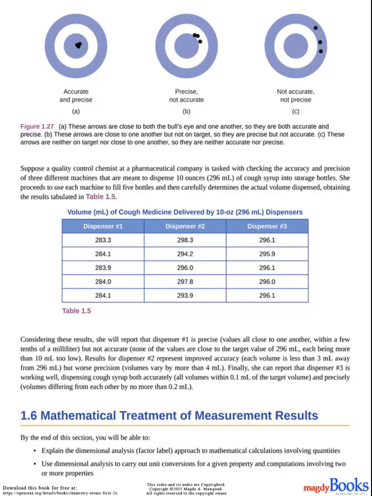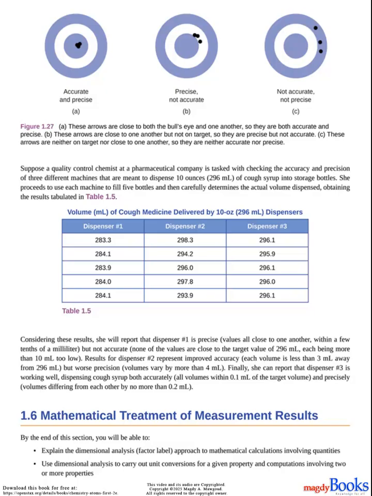Suppose a quality control chemist at a pharmaceutical company is tasked with checking the accuracy and precision of 3 different machines that are meant to dispense 10 ounces, 296 milliliter, of cough syrup into storage bottles. She proceeds to use each machine to fill 5 bottles and then carefully determines the actual volume dispensed, obtaining the results tabulated in Table 1.5. Table 1.5. Volume, milliliter, of cough medicine delivered by 10-ounce, 296 milliliter, dispensers.